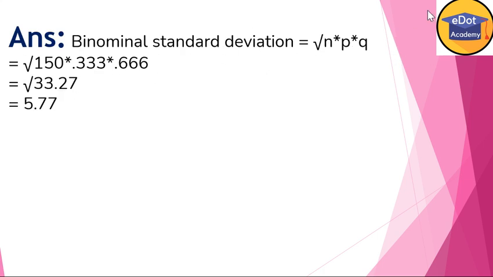It is square root of n p q, where you put n as 150, p as 0.333, and q is nothing but 1 minus p. In the standard error, n was in the denominator; in the binomial standard deviation, n has come in the numerator. Only this is the difference. So now 150 multiplied by 0.333 and 0.666, you multiply and take the square root.